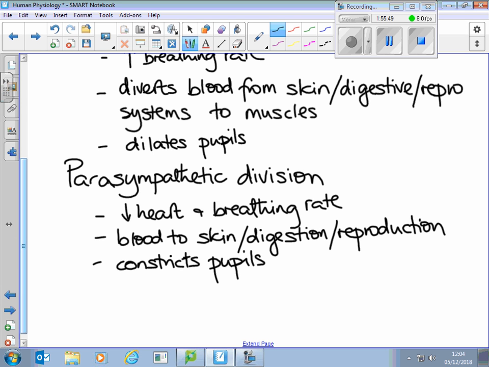I believe, which contradicts this, doesn't it, really, because somebody with constricted pupils is under the influence of their parasympathetic nervous system, so is more likely to be up for reproduction. So I don't know, but there's a lot of psychology in there as well, isn't there? So I'm not sure what that's rooted in. But we've got two systems working together below our level of consciousness, controlling all this homeostatic stuff.